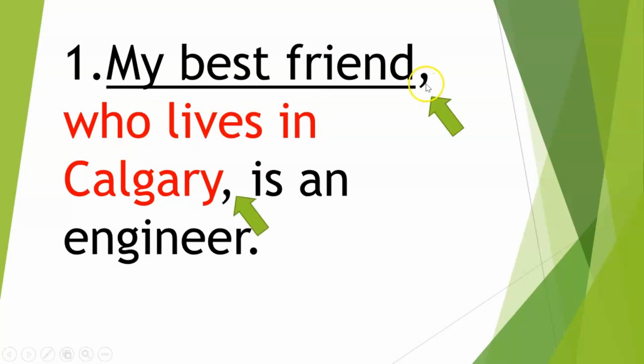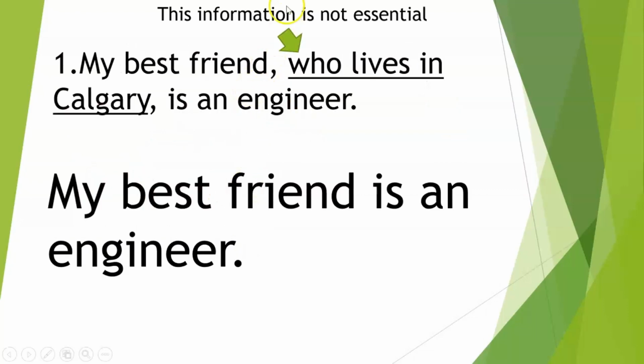Notice that we have a comma at the end of the noun and at the end of the adjective clause. So this information is surrounded by commas. Now, we are talking about non-defining adjective clauses. This information is not essential.